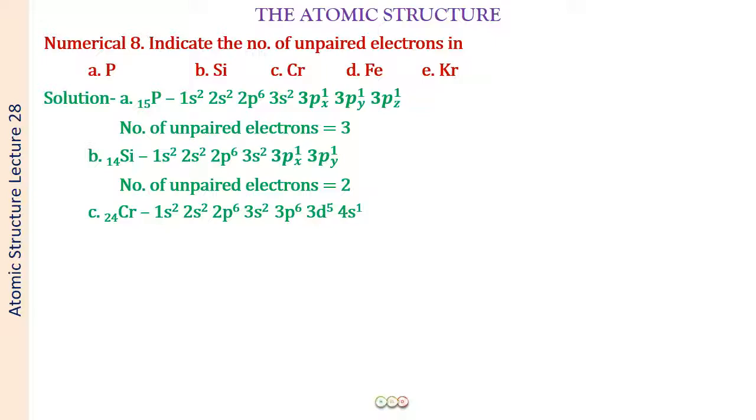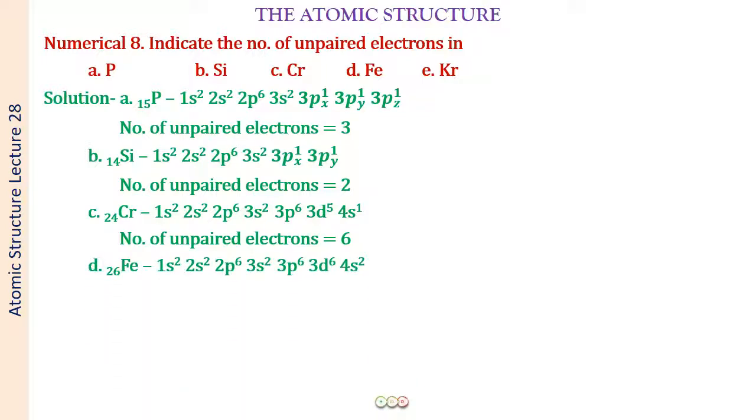Then moving on to chromium with atomic number 24. You have to remember that the electronic configuration for chromium is not 3d4 4s2, but it is 3d5 4s1. And all these 5 electrons are going to be in different orbitals. So the number of unpaired electrons is going to be 6: 5 from 3d and 1 from 4s. Then we have iron with atomic number 26, and here we have 3d6.